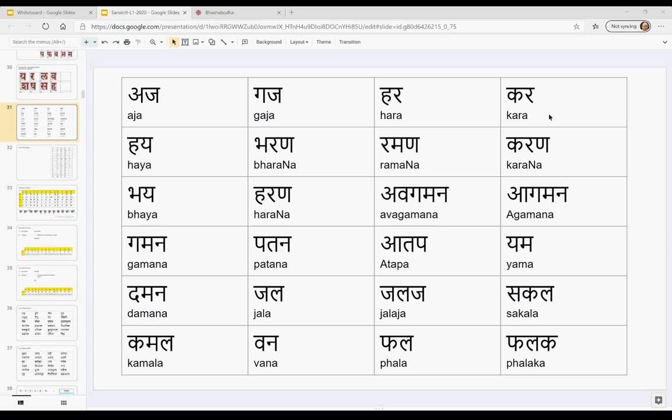The lowercase letter a represents the vowel sound, this represents the sound of the ja consonant, and this represents the sound of the swara. Here also we are seeing three symbols, three sounds. The same thing can be written in Sanskritam, Devanagari also, like an a sound and the ja consonant, and again a vowel.